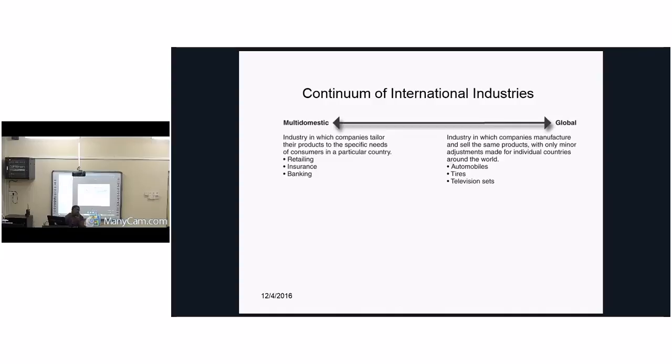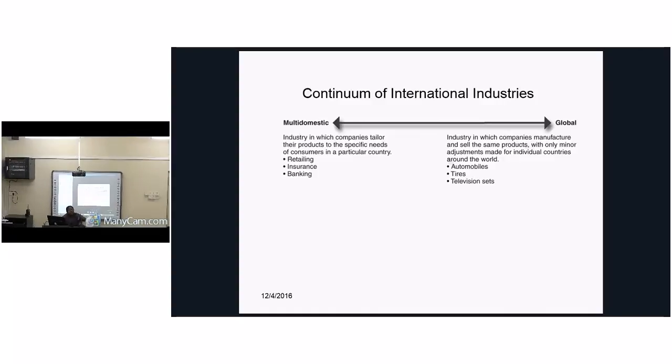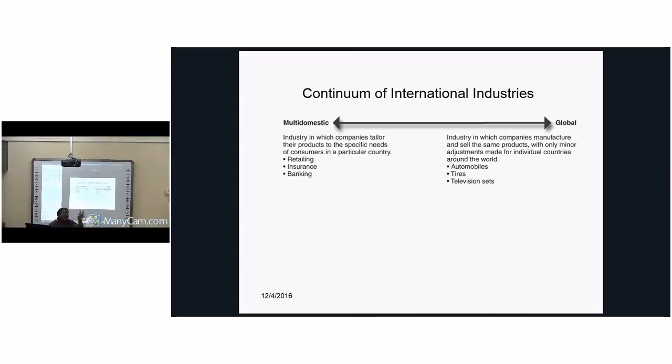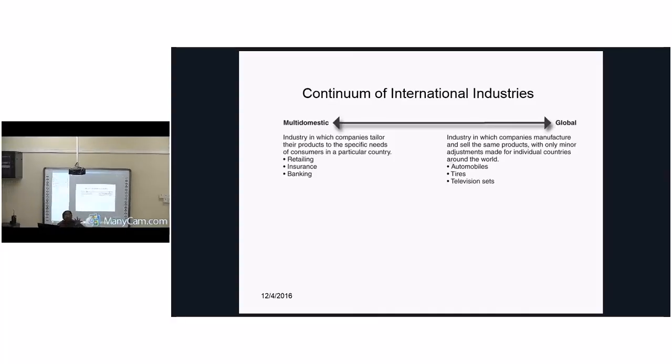It is an industry in which companies tailor their products to the specific needs of customers in a particular country. So you are working in a local market, doing your business in the local market.